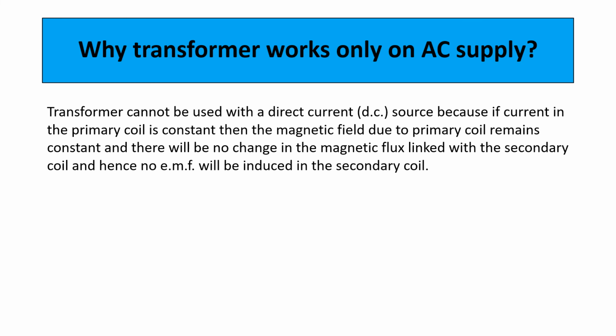A transformer cannot be used with a direct current source because if the current in the primary coil is constant, then the magnetic field due to the primary coil remains constant and there will be no change in the magnetic flux linked with the secondary coil, and hence no electromotive force will be induced in the secondary coil.